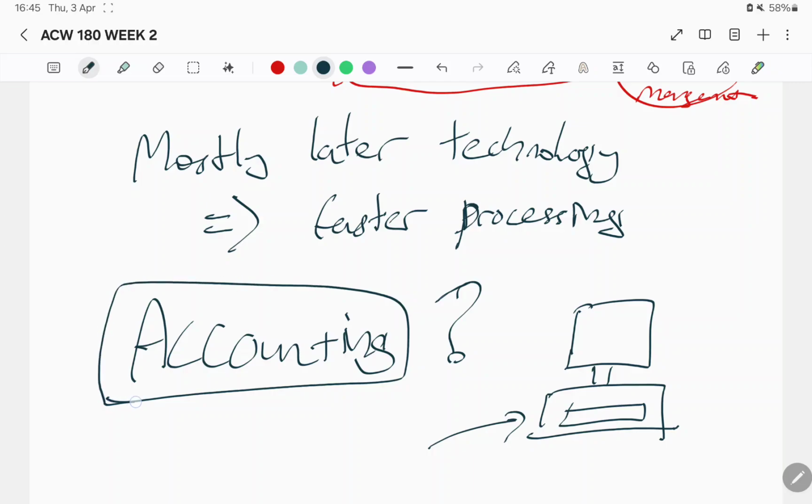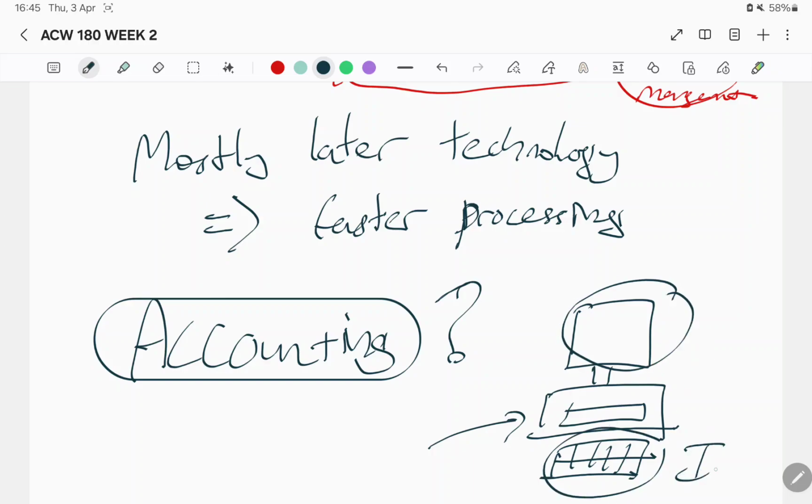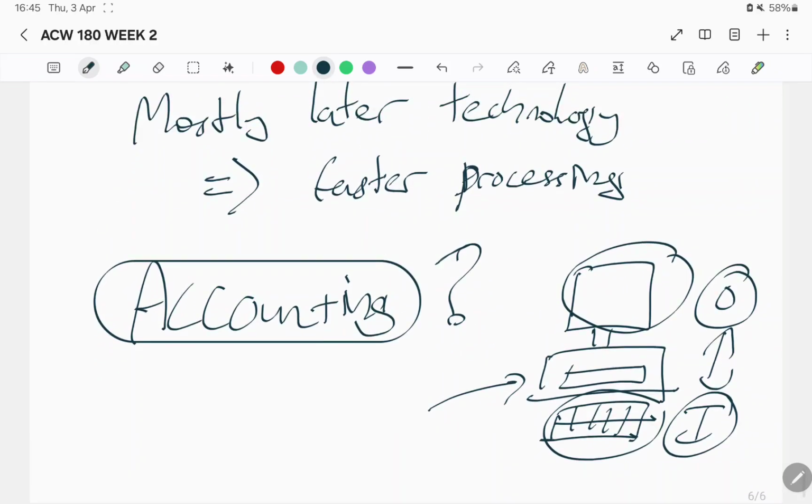This accounting part will come later, after we learn about the keyboard, the input and the output, which is the next session.